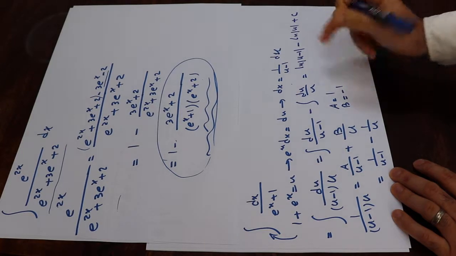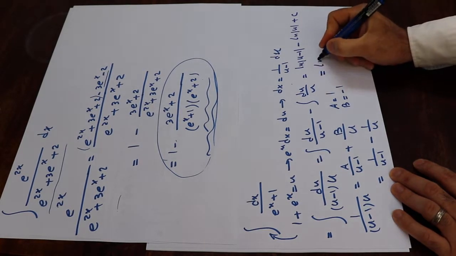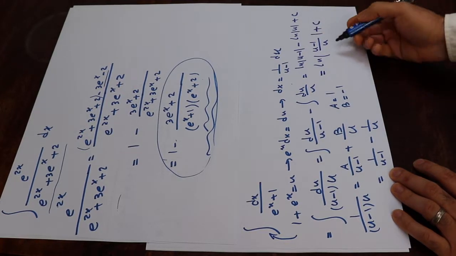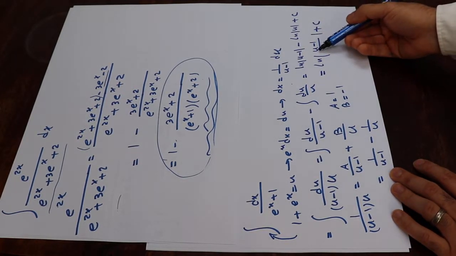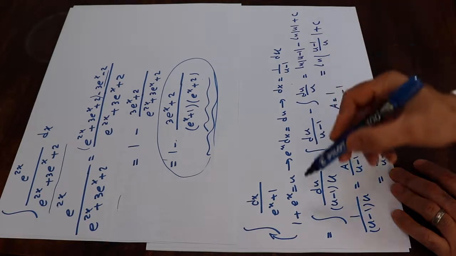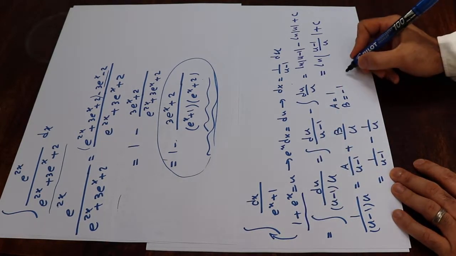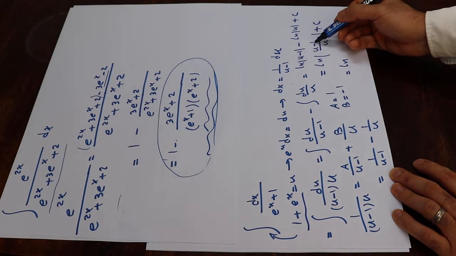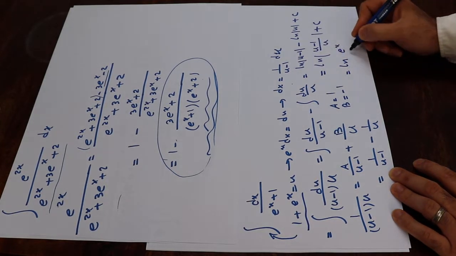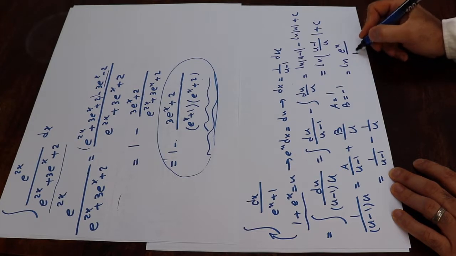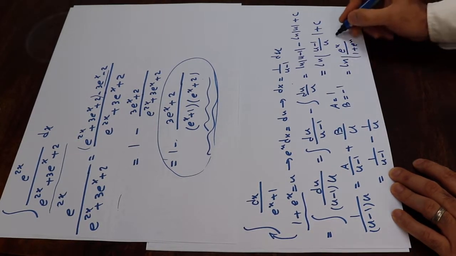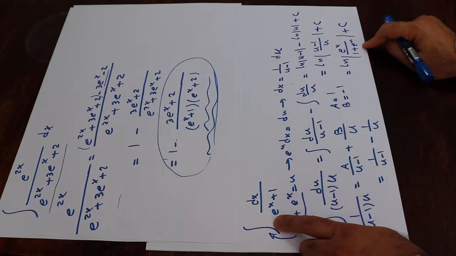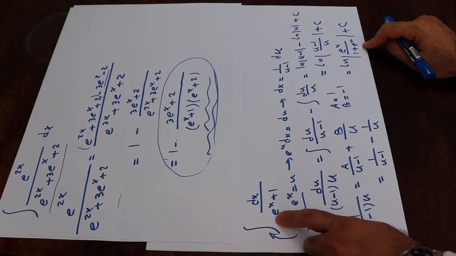You can write this as ln|(u - 1) divided by u| plus c. Here all you need to do is substitute u with its definition, 1 + e^x, so u - 1 is e^x, and we get ln(e^x divided by (1 + e^x)) plus c. So this is the integral of dx over (e^x + 1).